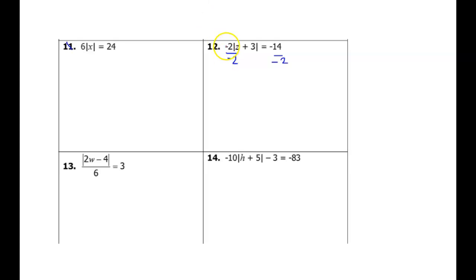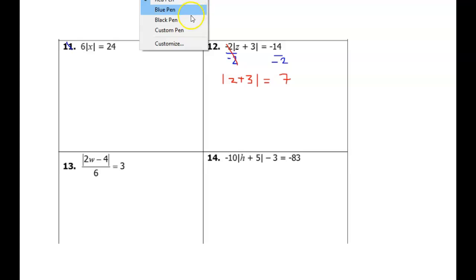All right? And now I've done exactly what Kamari said. We've isolated the absolute value. So we got the absolute value of z plus 3 equals negative 14 divided by negative 2. Well, that's positive 7.